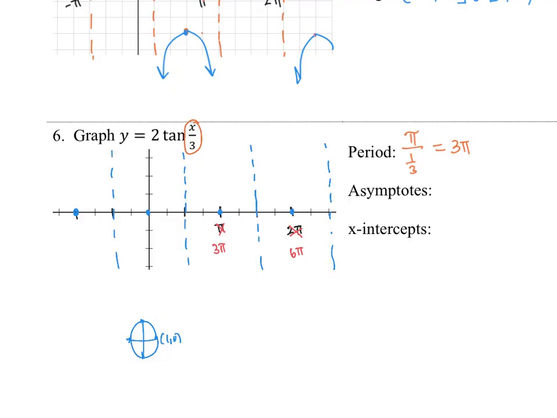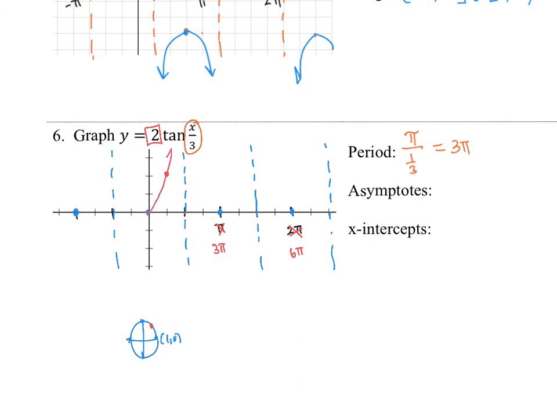Now I just need to make sure I know which side's going to go up and which side's going to go down, and I'm going to take into account the fact that there's an amplitude change. Now at pi over 4, my tangent is 1, but because of the amplitude 2, instead of going up 1, I'm going to go up 2. So between 0 and this thing, I'm going to go up to the 2. That's how I'm going to show that there was an amplitude change.